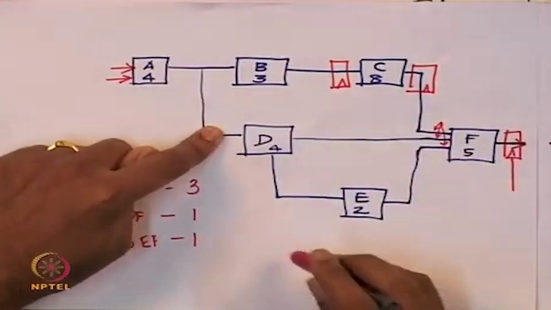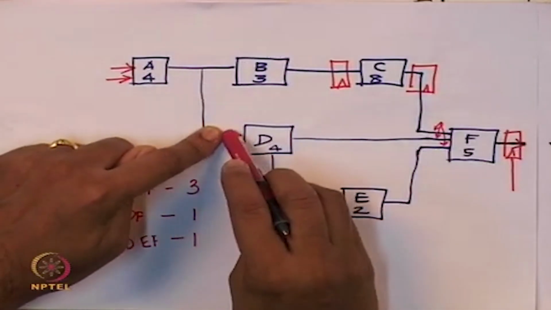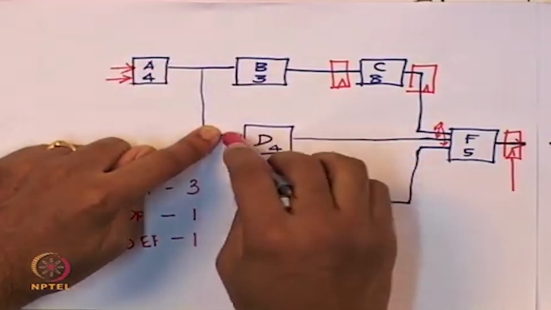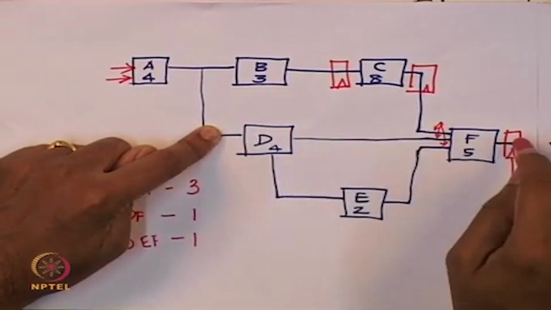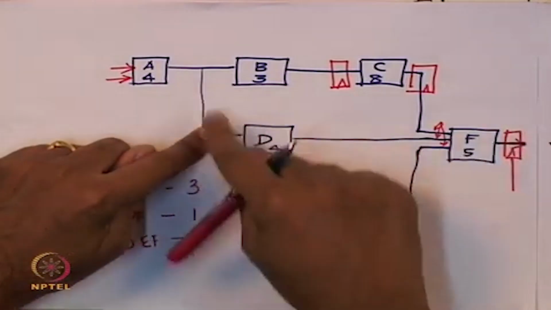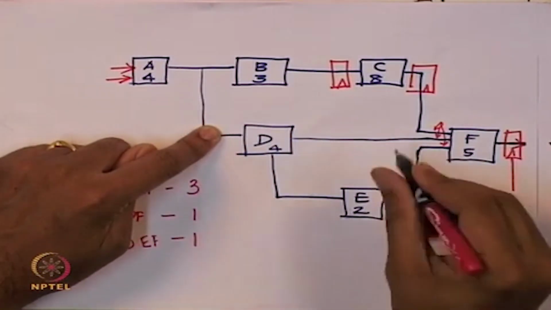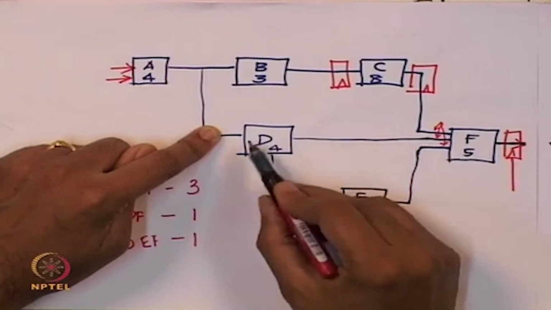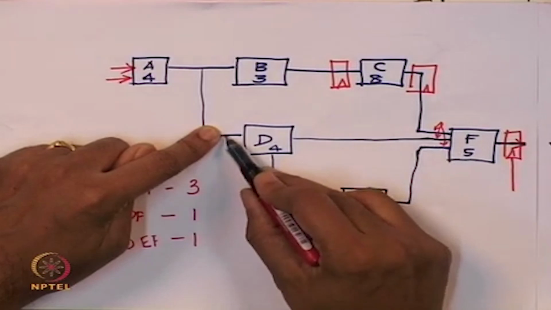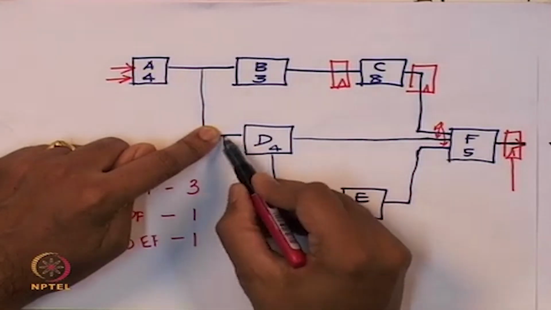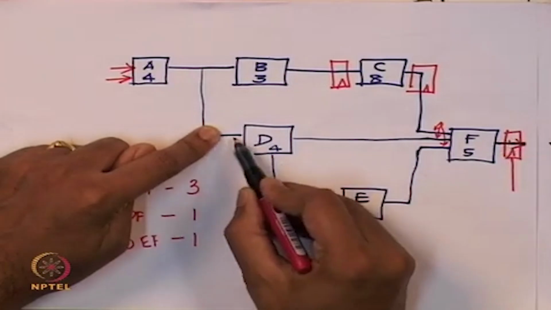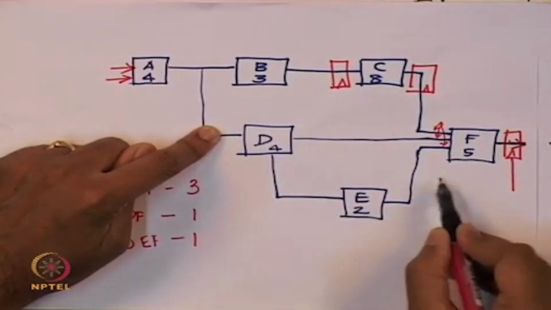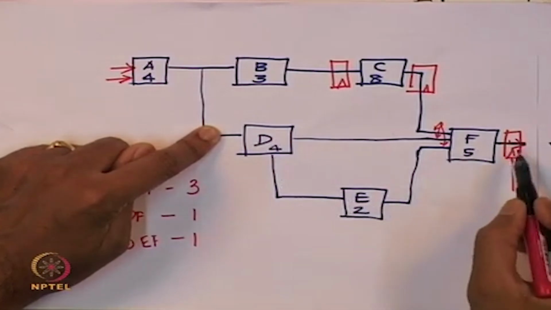Let us look at it for the ADF path. If I decide to put it here, then if I go and look at what happens, so A goes through one flip flop here and it goes through the second flip flop, it makes it a 2-stage path for ADF. However, at this point if you notice F's input, you go and look at the flip flop to flip flop delay from here to here. So from here to here, through this path, it will be 4 plus 2 which is 6, plus 5 units through this path, that will become 11 units.